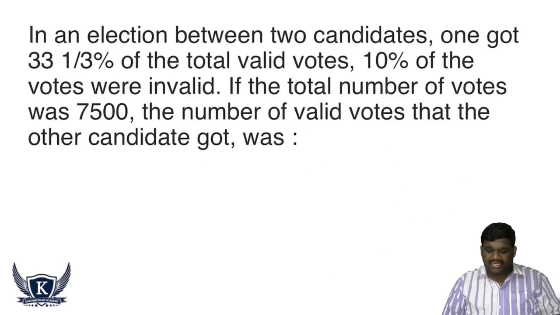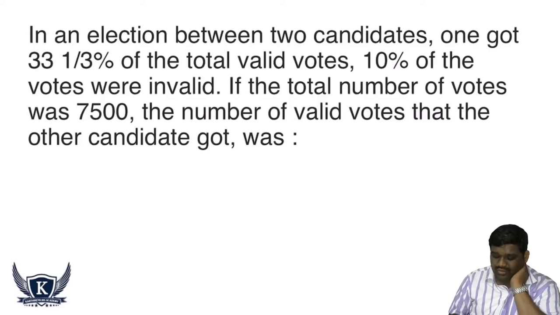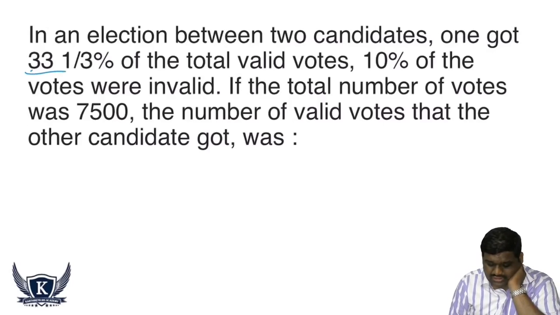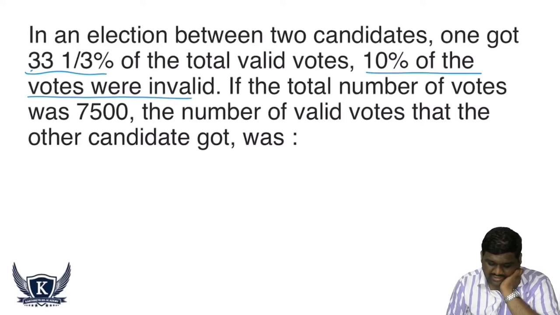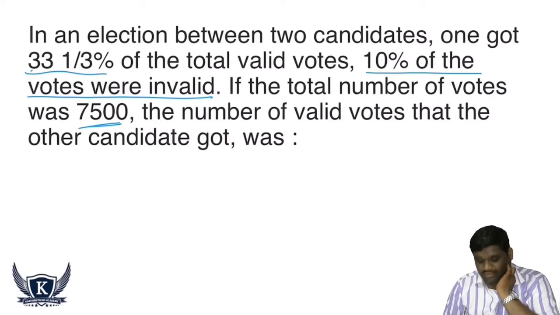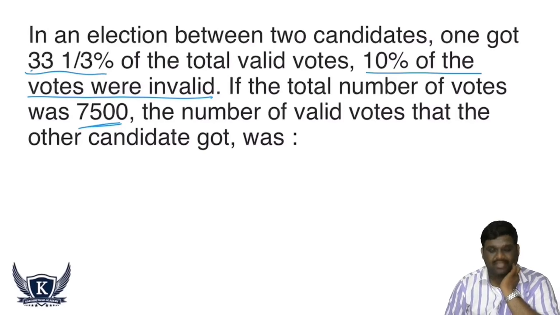Next question. In an election between two candidates, one got 33 1/3% of total valid votes. 10% of the votes were invalid. If the total number of votes were 7500, the number of valid votes that the other candidate got was? Very important question.